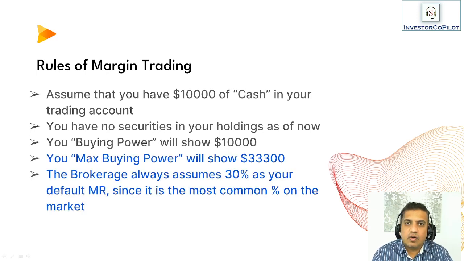However, there is a concept of max buying power, and this is always 3.33 times the buying power. So your max buying power will show $33,300. Now, your brokerage always assumes 30% as your default MR, since it is the most common percentage on the market.